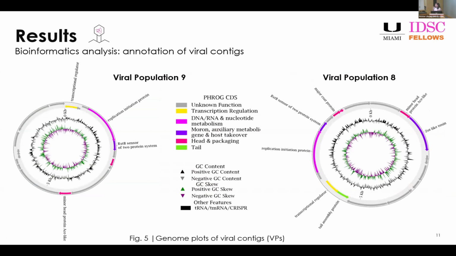So for contigs that belong to viral population 9 and viral population 8, there was this auxiliary metabolic gene which encoded for the sensor of the two-component system, a sensor kinase. And we know that in other organisms, for example in Vibrio alginolyticus, it's been known to affect hemolysis and also virulence.